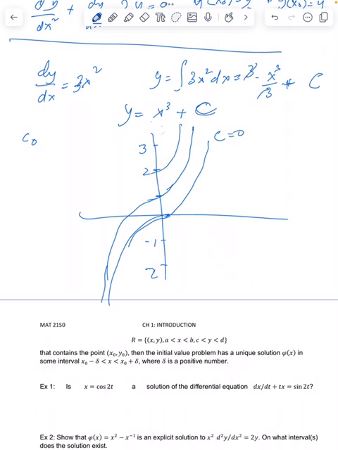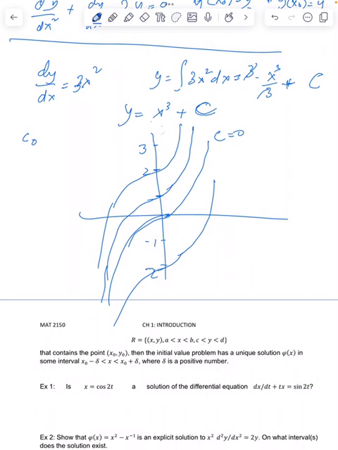And if C is 2, something like that. If C is minus 2, something like that. Okay. So now when you notice here, what we have is a bunch of, we say, a family of curves. So the general form shows the family of solutions. Which solution is our answer depends on the initial condition.